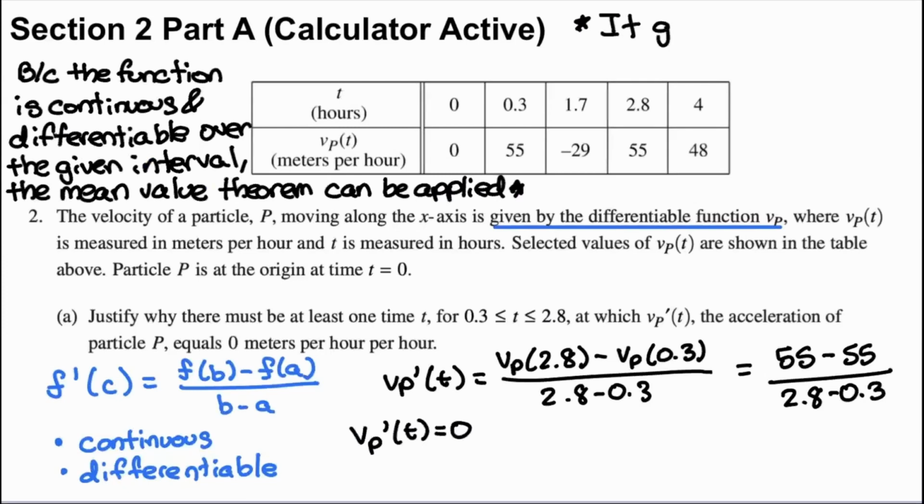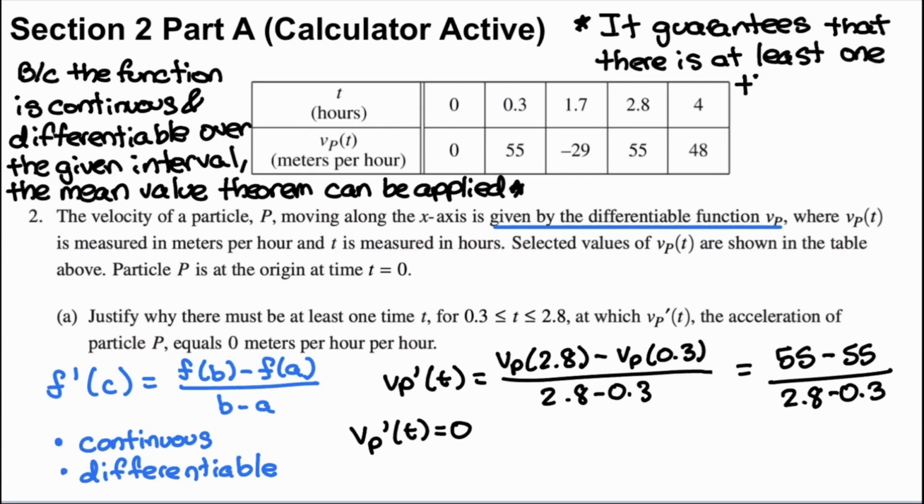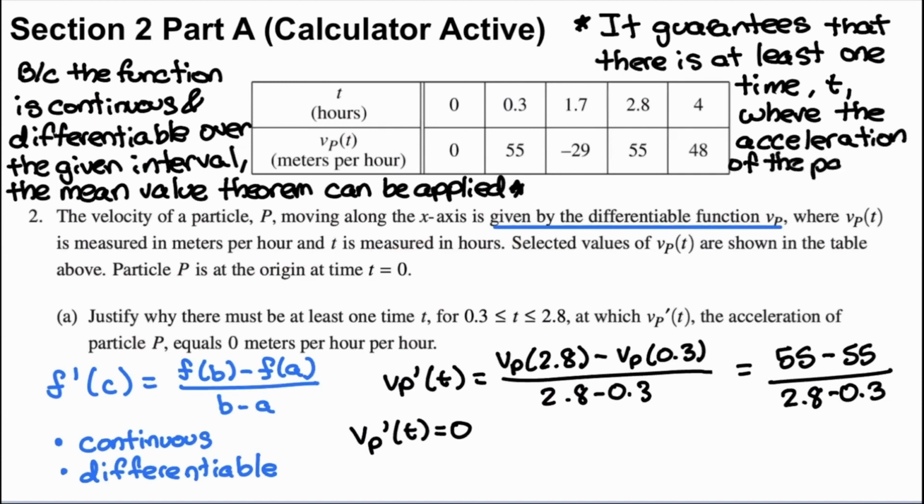It guarantees that there is at least one time, it's not one point, it's one time t where the acceleration of the particle P is 0.